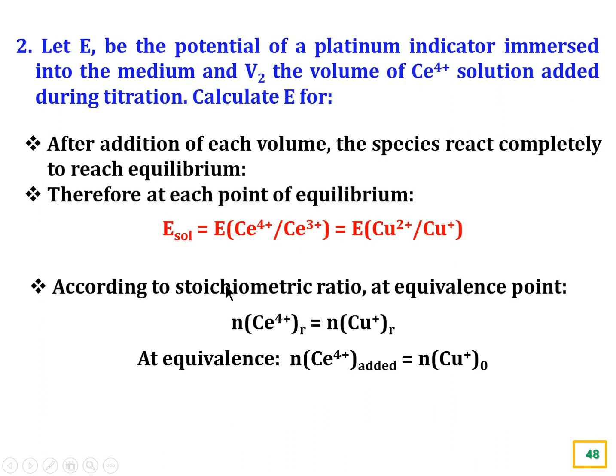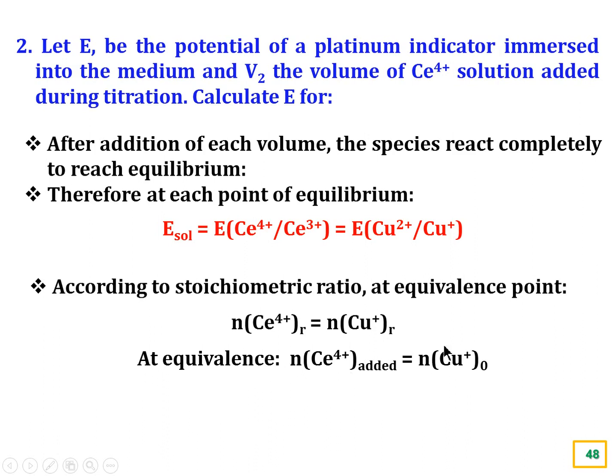In the titration problem, the first step is to find V equivalence in order to know if the volume added is before equivalence, at equivalence, or after equivalence. According to the stoichiometry of the reaction, the number of moles of cerium 4+ divided by 1 equals the number of moles of Cu+ divided by 1 that reacted.